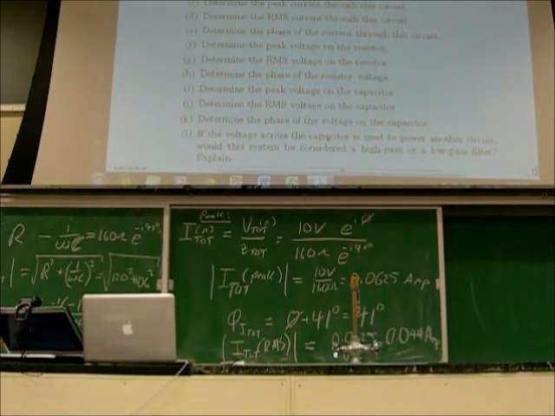Okay, if I gave you a function that said cosine of omega t plus 50 degrees, and I asked you to pick out pieces of that equation. Now let's say 20 volts times the cosine of omega t plus 15 degrees. You got that in your mind?